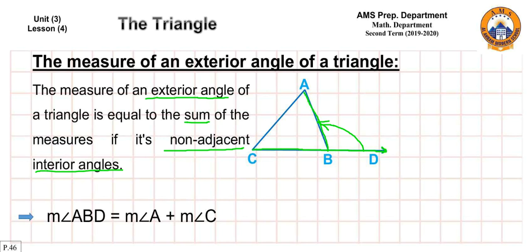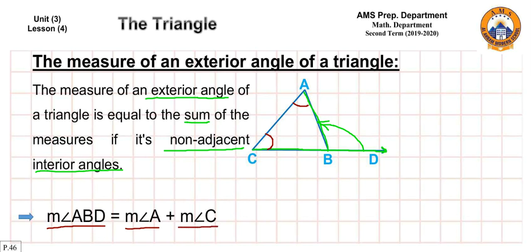So the exterior angle is an outside angle and equals the sum of the other two interior, non-adjacent angles. Now we can say that the measure of angle ABD equals the measure of angle A plus the measure of angle C.